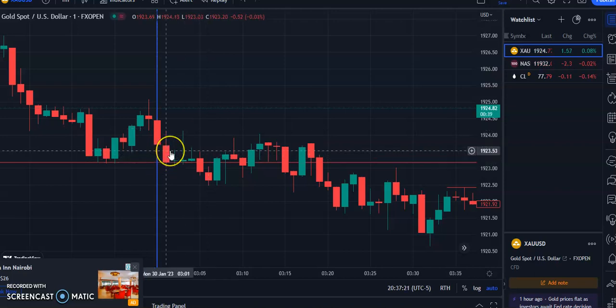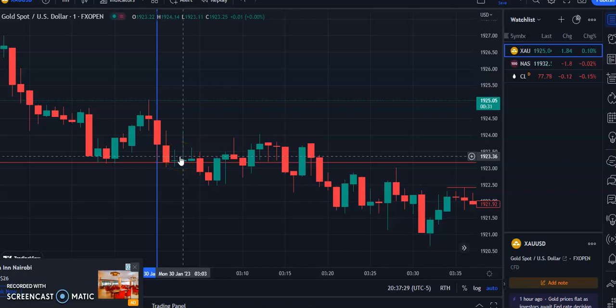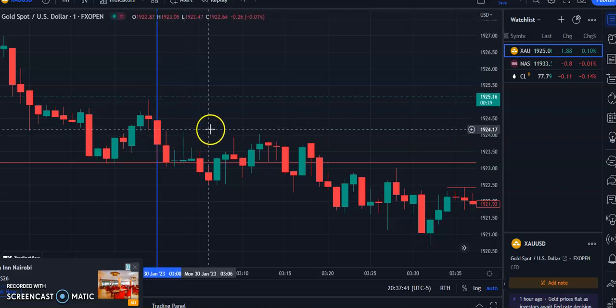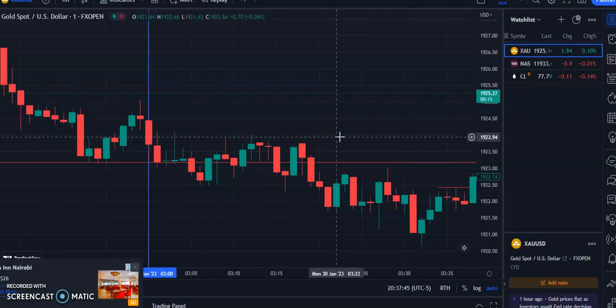For the people who don't have the patience to sit and wait for the candles to close, these candles were forming very big, big potential candles, but to them, it was just a trap.